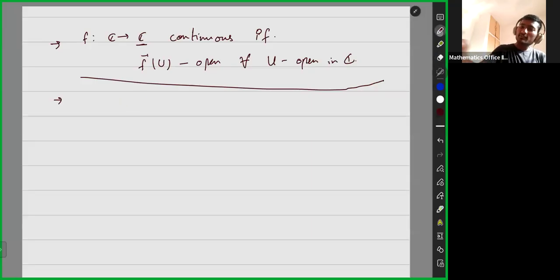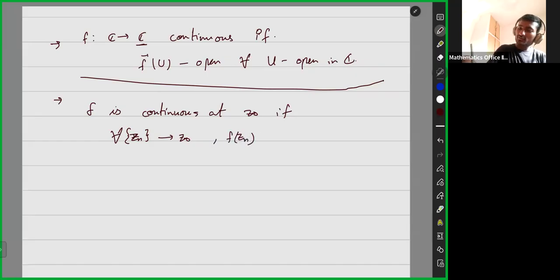That definition holds for every z naught. f is continuous at z naught if for every sequence z_n converging to z naught, f of z_n also converges to f of z naught.